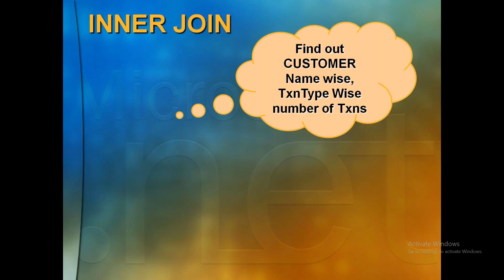For example, Bilin: how many cash deposits she has done so far, how many cash withdrawals. Again, Bhaskar Jogi: how many cash deposits, how many cash withdrawals so far. Clear? So I wanted to use two tables.